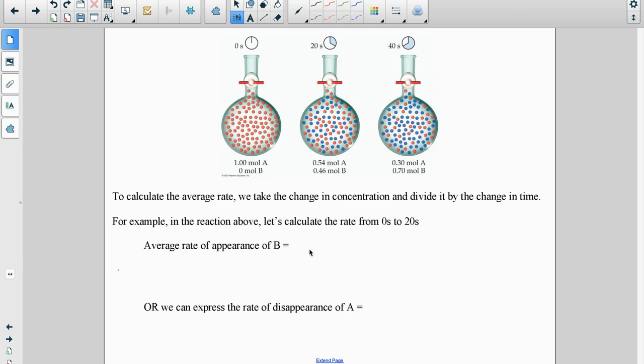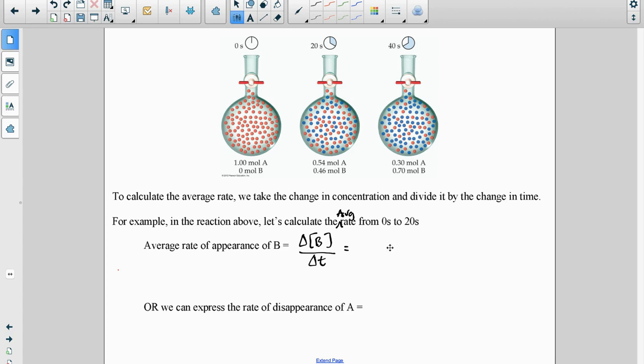So here, we'll just do one of these. The average rate of appearance of B will be delta concentration of B over delta T. And we're going to calculate the average rate from 0 to 20 seconds.